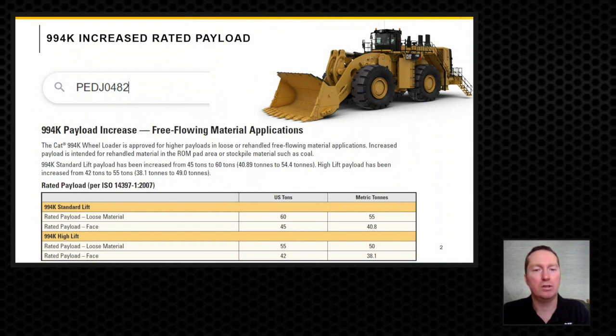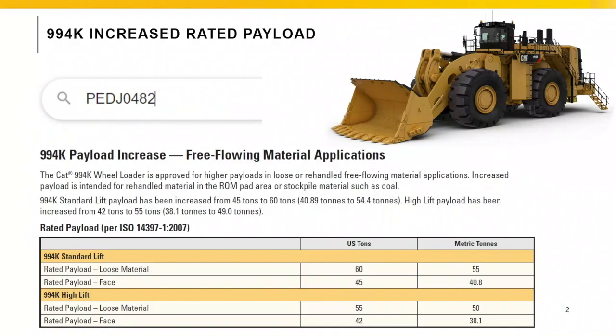In a lower digging resistance application, it entirely has the capability and the stability to run a larger bucket and a higher payload. So the theme revolves around fully utilizing the machine in two different ways, depending on your application.